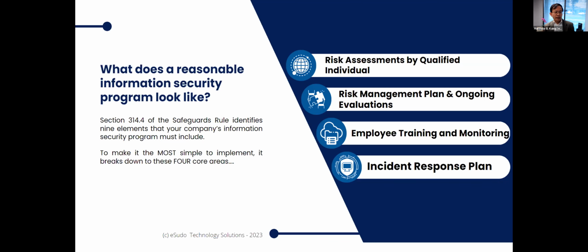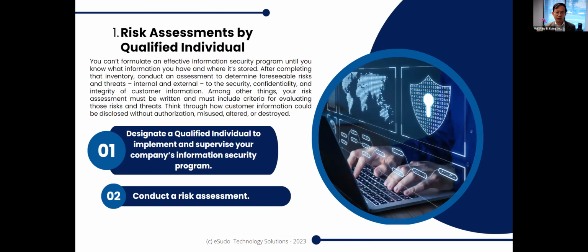So let's talk about the first component of the first area. It's important that your organization have a qualified individual who knows what systems you have, what devices you use, where you're accessing the information from, and where the data is being stored, whether it's on your cloud drive, on a local computer that's being accessed from home, or somebody's saving documents on a USB drive.